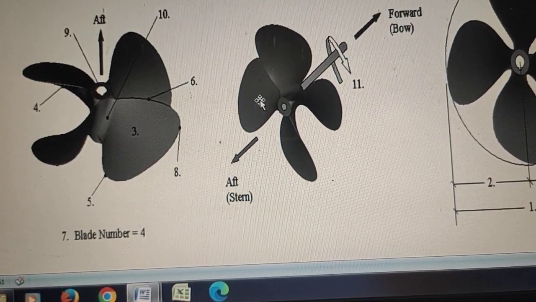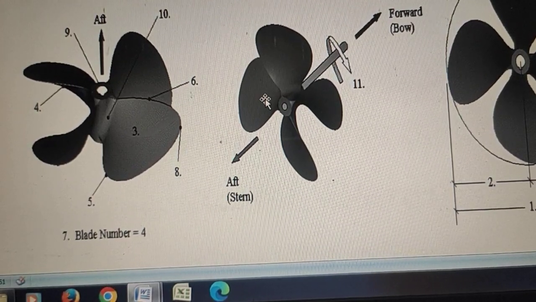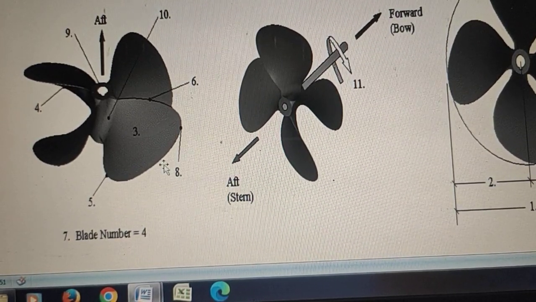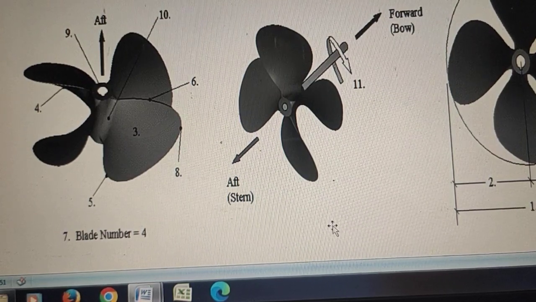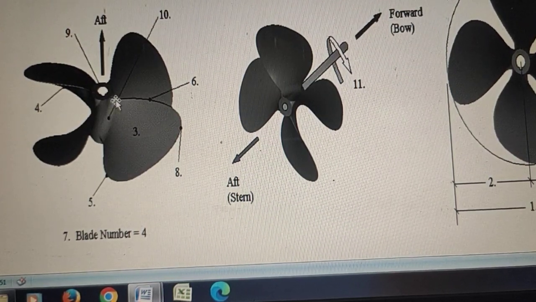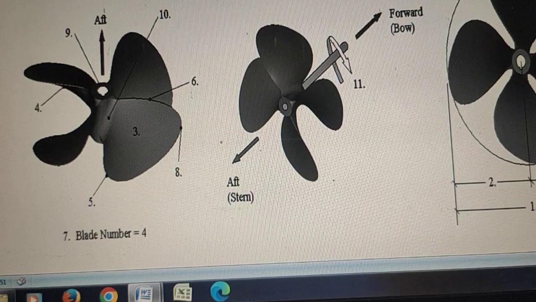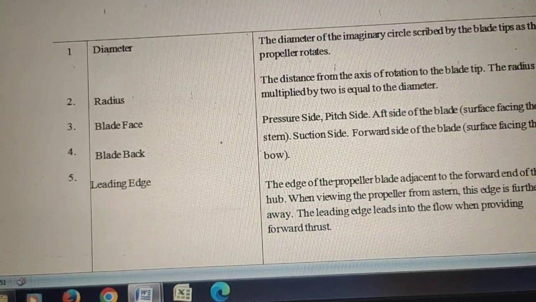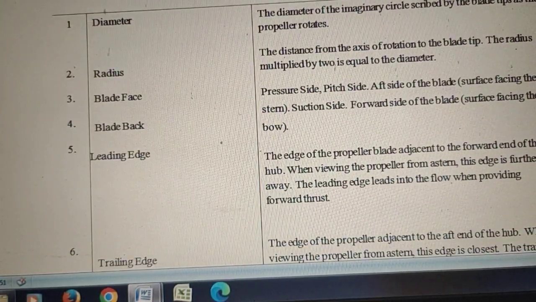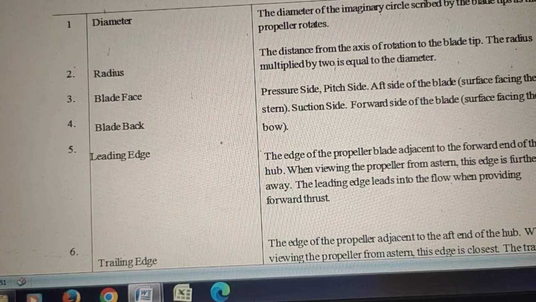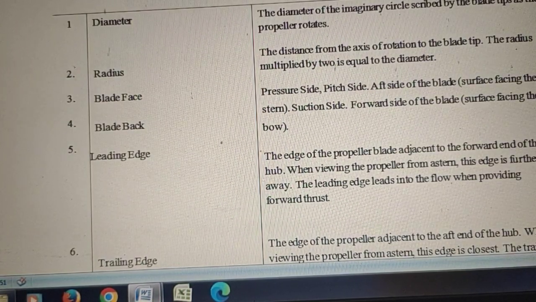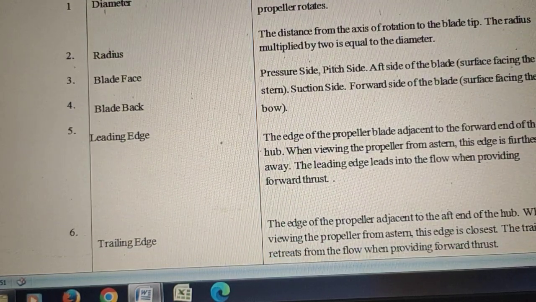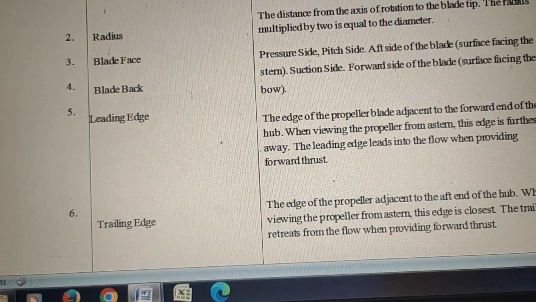So this face side is the pressure side, while the back is the suction side. And the number of blades here, as you can see, is 4. So that is how it is defined, and here is written exactly what it is like: the diameter, the radius, the blade face, the back, the leading edge, and then the trailing edge.